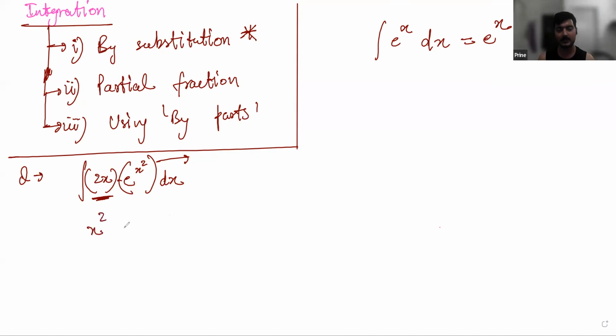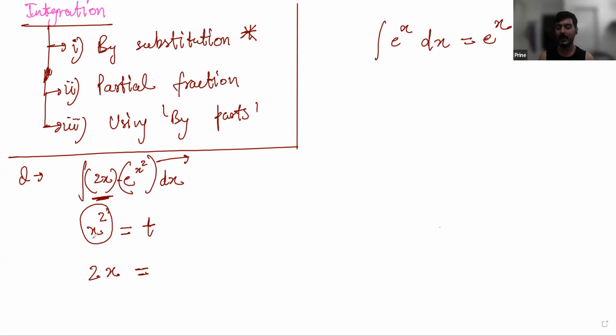Let this x square be some other variable t. Then you can differentiate this x square, which would be 2x with respect to x, and you can differentiate this t as well with respect to x. So you are differentiating this whole expression on both sides with respect to x.